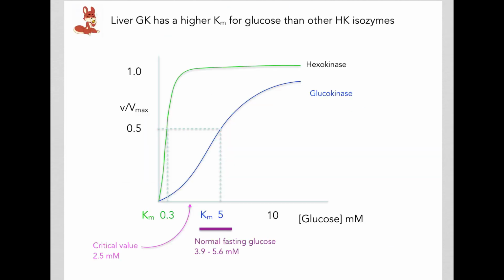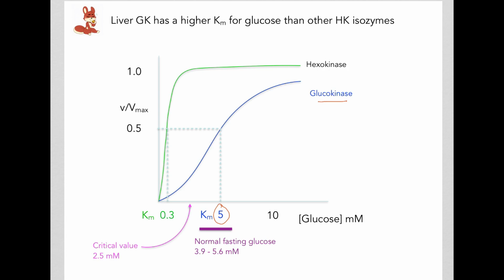Now, one of the important differences between glucokinase as well as the other hexokinase enzymes is the Km for glucose. Glucokinase has a much higher Km, around 5 millimolar for glucose.